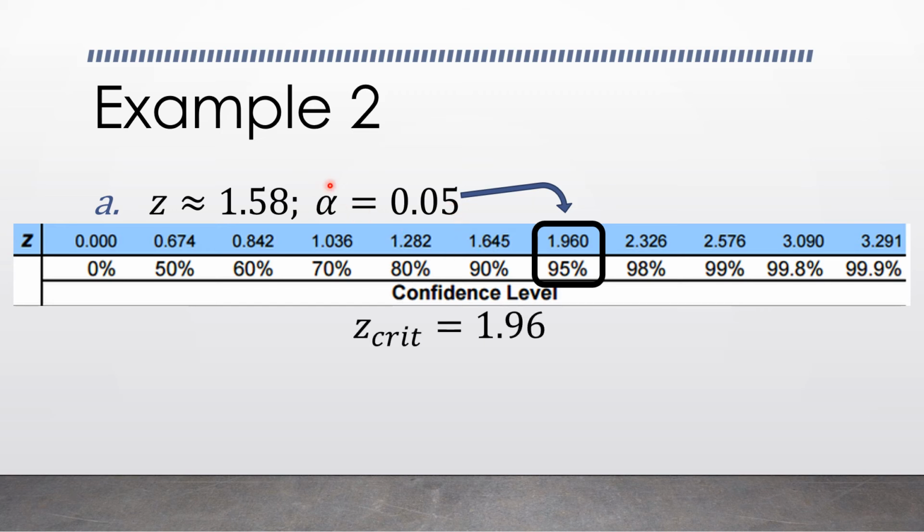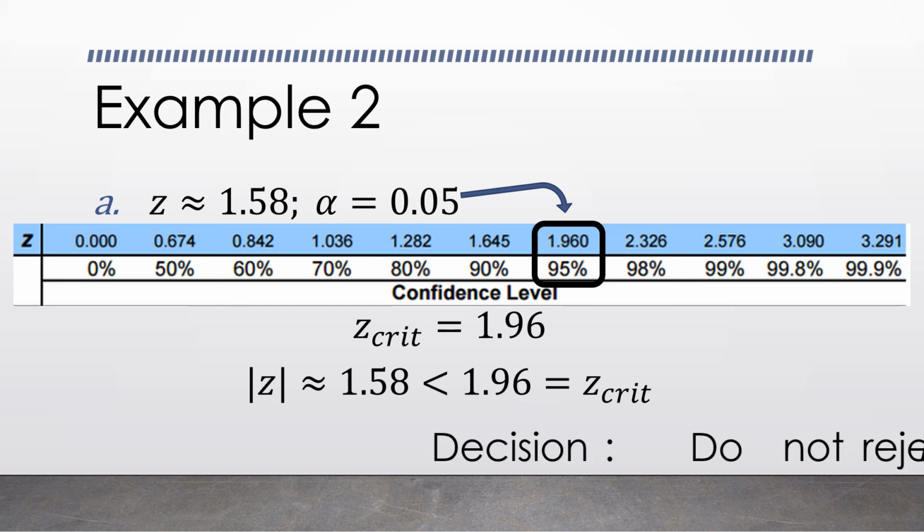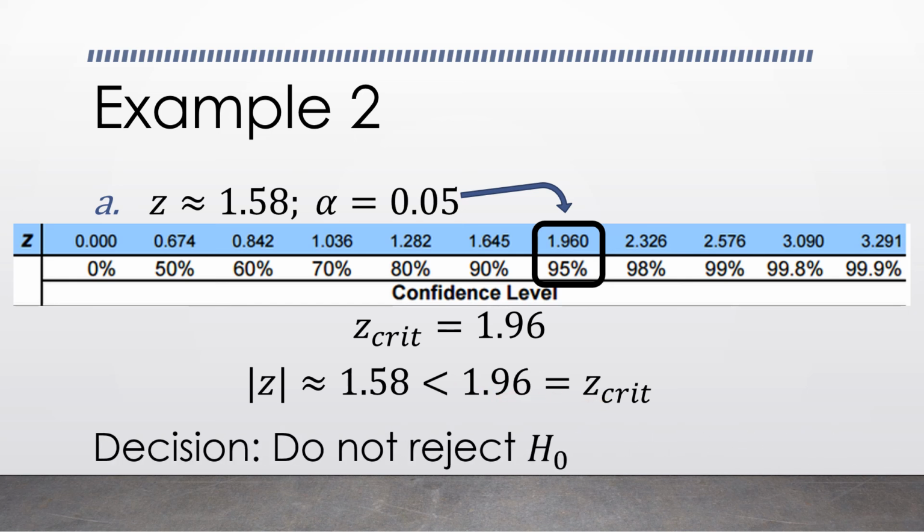If the level of significance is 0.05, the level of confidence is 95% and the critical value of z will be 1.96. So let us compare the computed z and the critical value of z. 1.58 is obviously less than 1.96, which is the critical value. Therefore, our decision is not to reject the null hypothesis.